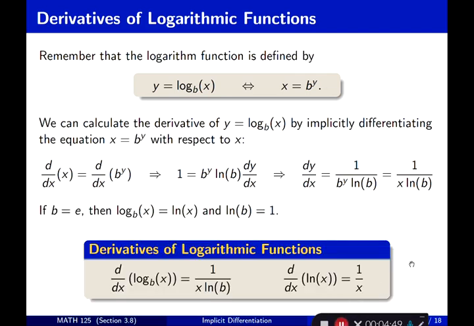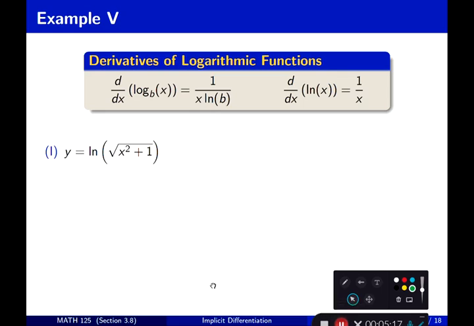Golden formulas to remember: the derivative with respect to x of log base b of x is equal to 1 over x natural log of b. The derivative with respect to x of natural log of x is equal to 1 over x. These are the derivatives of logarithmic functions.